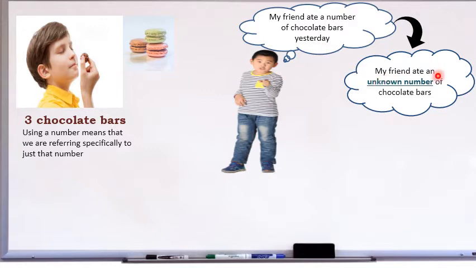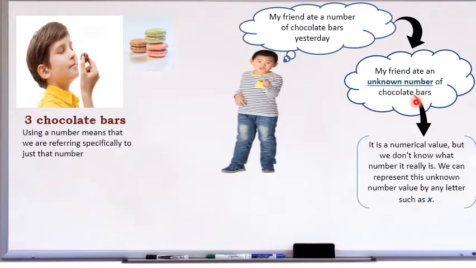In this case, my friend ate an unknown number of chocolate bars. I didn't know exactly how much he ate. It's a numerical value, but we don't know what number it really is.